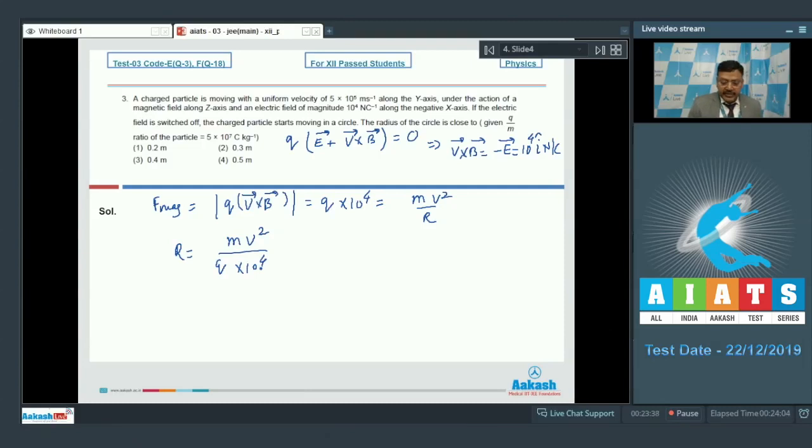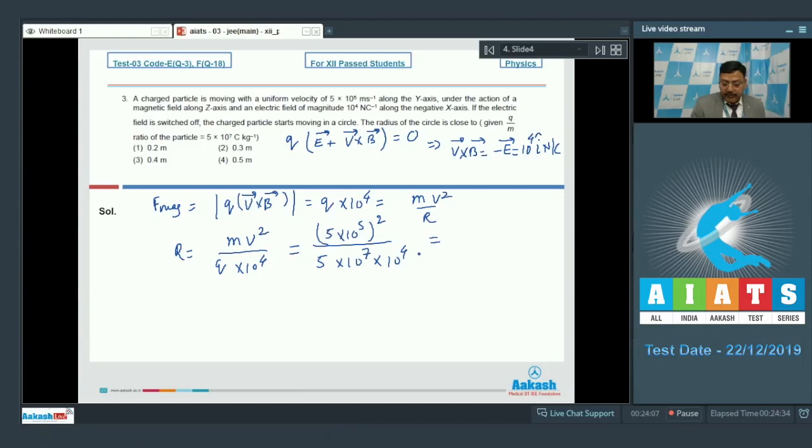Now from here on it's pretty straightforward. We have the value of v, and q by m also is given to us. We simply substitute the value of q by m, which is 5 into 10 to the power 7 SI units. The v square will be 5 into 10 to the power 5 whole square, and of course there is 10 to the power 4 here.